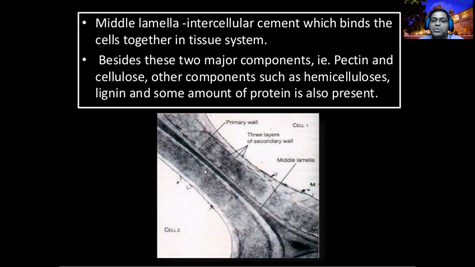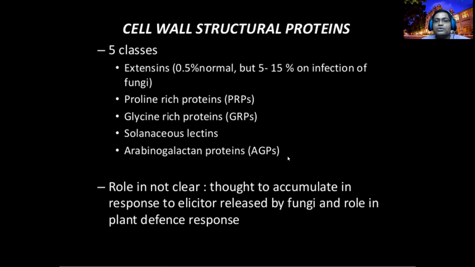In between cells, the middle lamella is hardened by hemicelluloses. In the cell wall structure, they mainly have certain components: proline-rich proteins, glycine-rich proteins, solanaceous lectins, and arabinogalactan proteins.